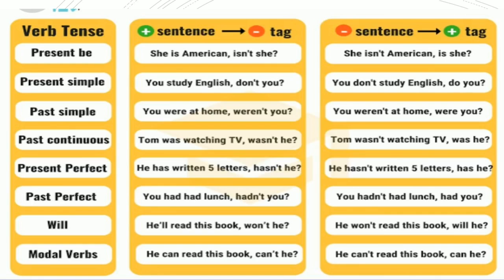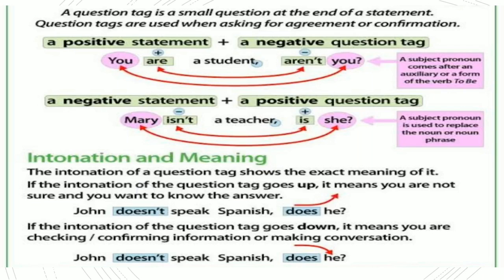He can't read this book. Sentence is negative because can't, that is he cannot read this book. Can he? The tag is positive. Now coming to this slide, a question tag is a small question.